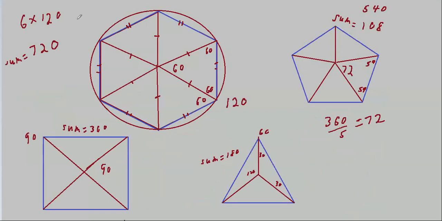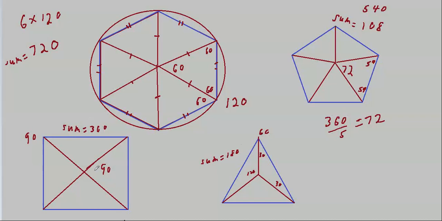Let's take a look at a couple more polygons here. This is where I wrote the sum of the angles for the hexagon is 720. The sum for the pentagon is 540. For the quadrilateral it's 360. And for a triangle, we definitely know that it's 180. For the quadrilateral, how do we know it's 360?